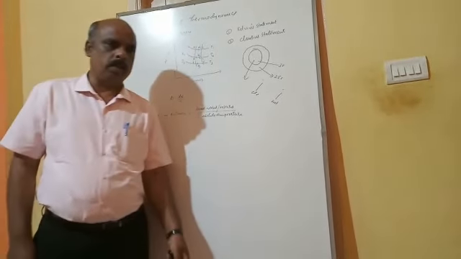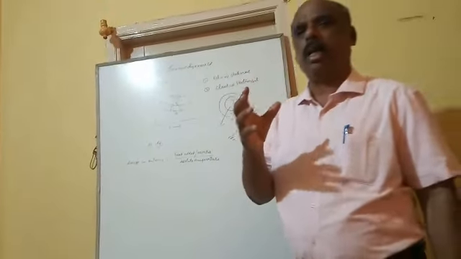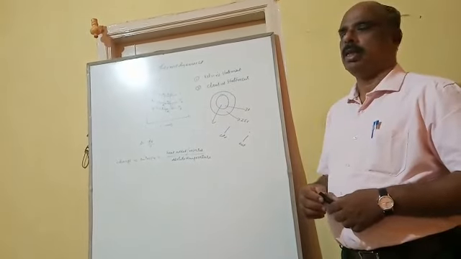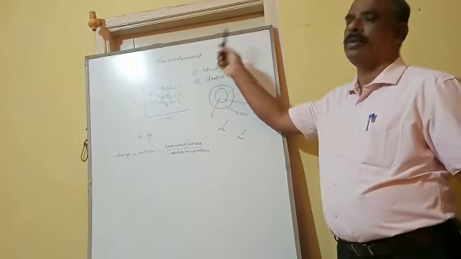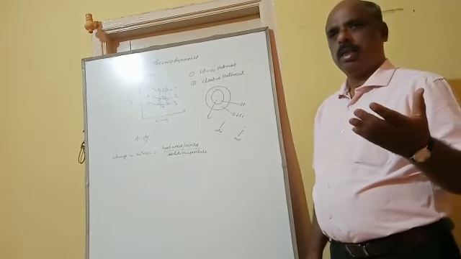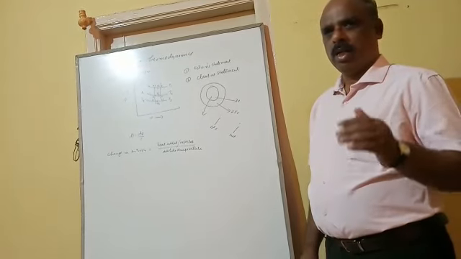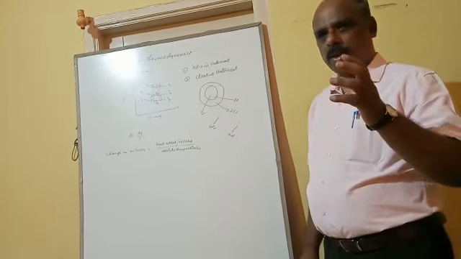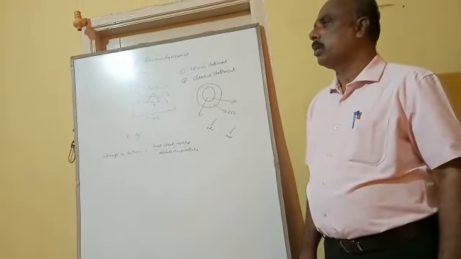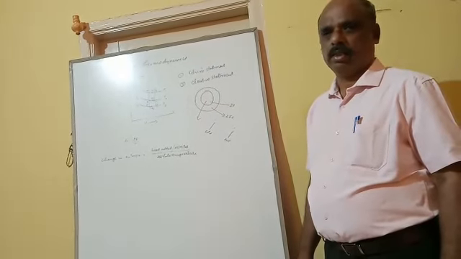The first law explains the equivalence of heat into mechanical work as well as vice versa. But there is a limitation for this first law. It cannot explain how much energy is converted into work and vice versa, and it will not give the proper direction of conversion of heat into mechanical work.